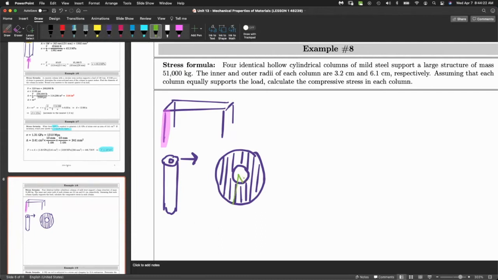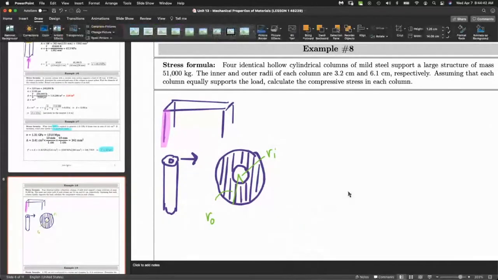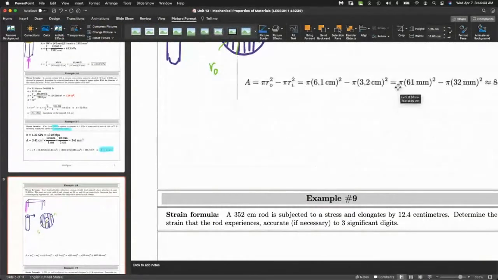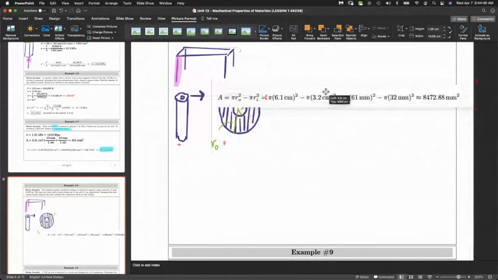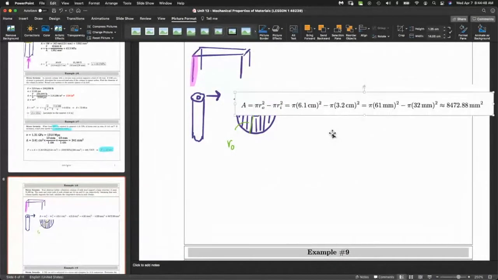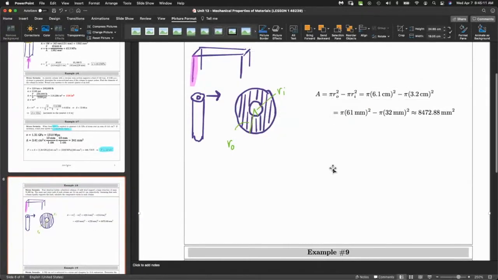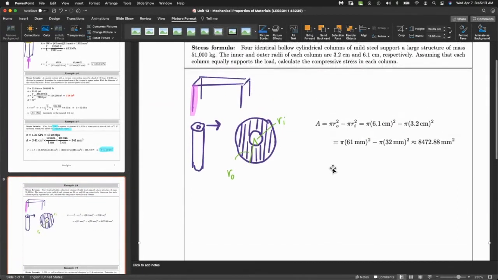But we need the area of this column. So when you look at it, there's an inner radius and an outer radius. That's what Ri and Ro are, the inner and outer radii. So we can find the area of that column by doing some simple area calculation. I've done it here already. Don't worry, I'll clean this up. So there's the calculation for the area of the cross section.